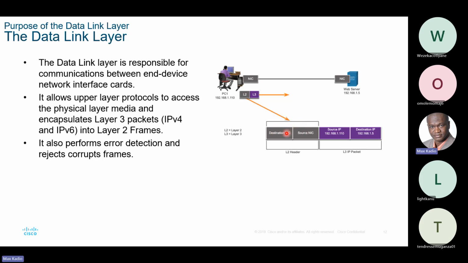Layer 2 is the physical address, which never changes. Layer 3 is the logical address, the IP address, which we can change. Remember, while the packet is traveling, the source and destination IP never change. It's only the source and destination MAC addresses that change.